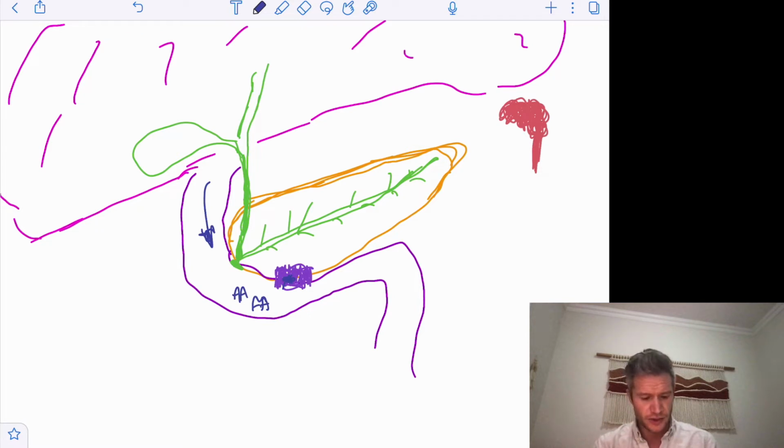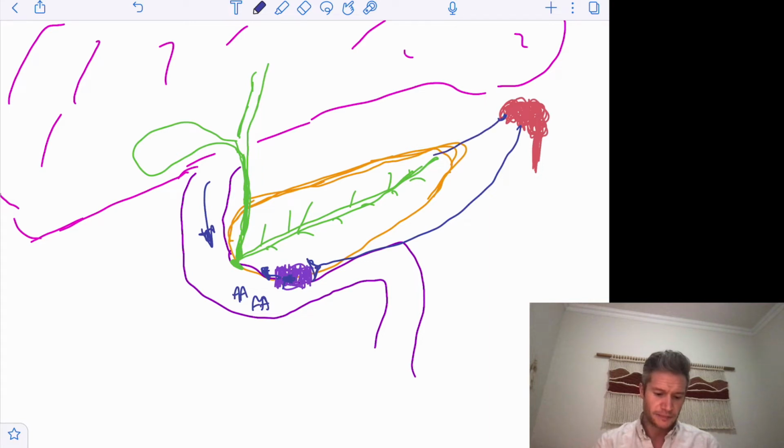Okay, and what they're going to do is trigger these I cells to both release hormone into the local blood supply, but also along a vagal nervous connection. So the nerve's going to head up, and there's this thing called a vasovagal reaction or signaling that essentially will cause the release of pancreatic digestive enzymes.